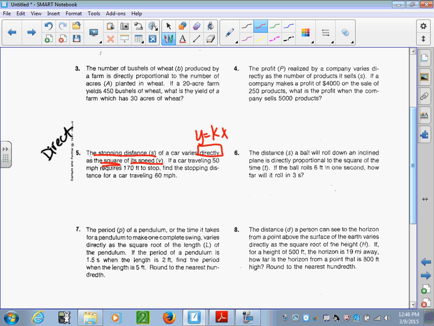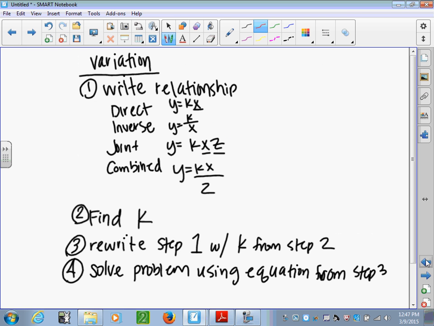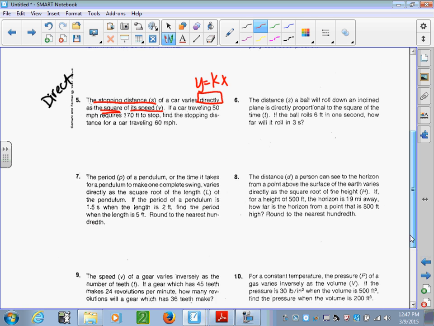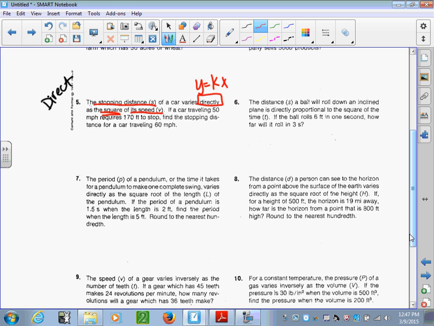I'm going to stop here and go write our relationship. I have the stopping distance s equals k, because it's a direct relationship, times the square of v. So it's going to be v squared, where v is its speed.